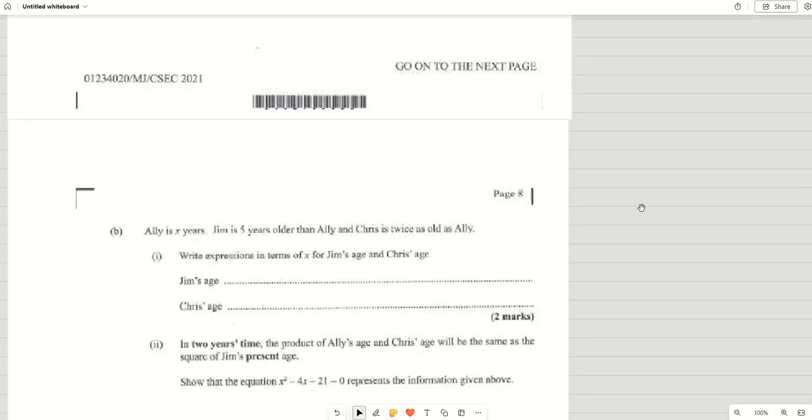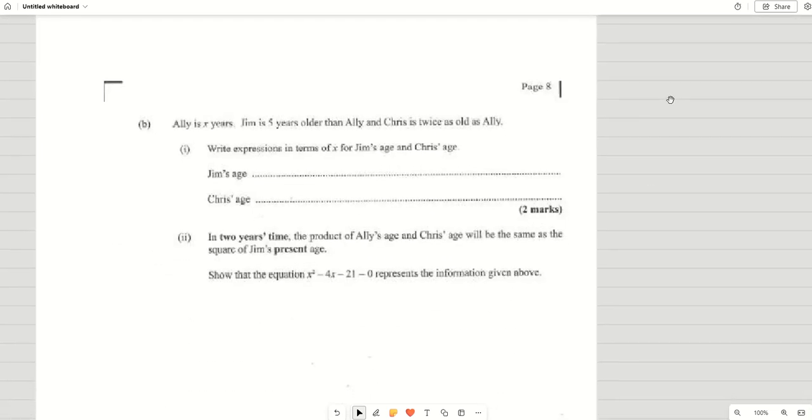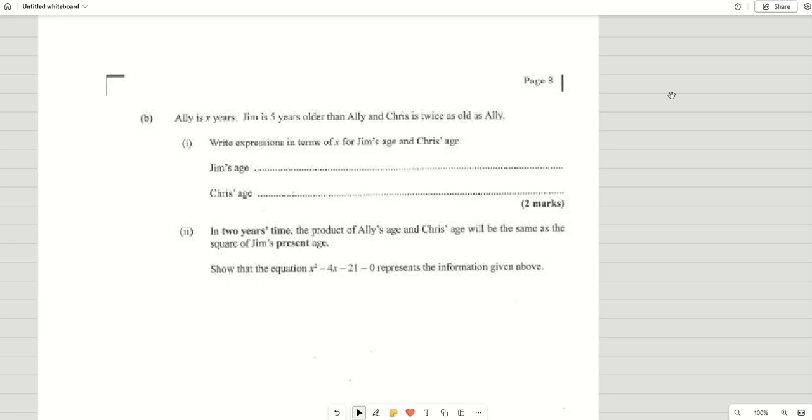Let's look at the next one. Ali is X years. Jim is 5 years older than Ali. So let's just write that down. Jim is 5 years older than Ali, who's X, so Jim would be equal to X plus 5. Then they said, and Chris is twice as old as Ali.